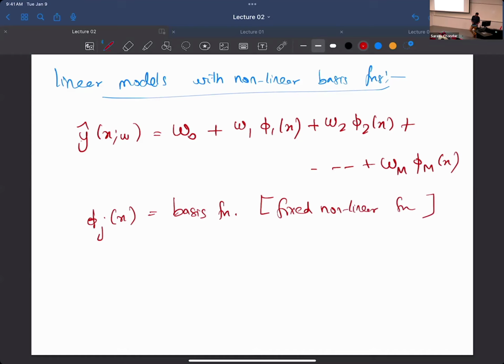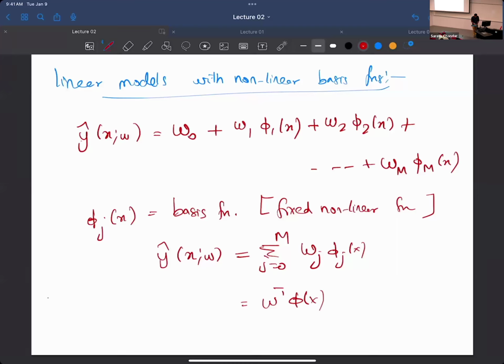If I have to write this in a compact notation, then y hat of x given w is equal to the summation from j equals 0 to m of wj phi j of x, or simply w transpose phi of x. Phi of x is a vector.